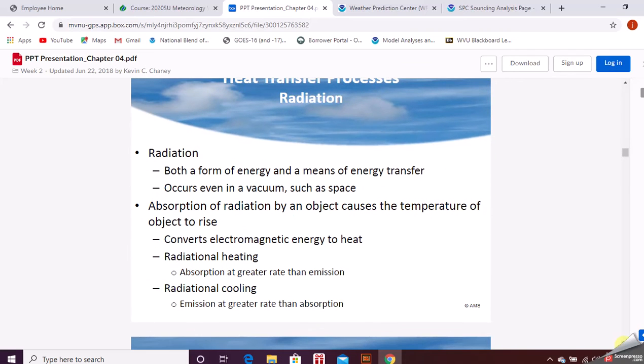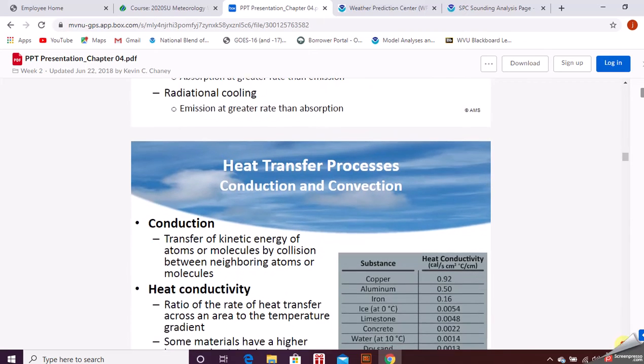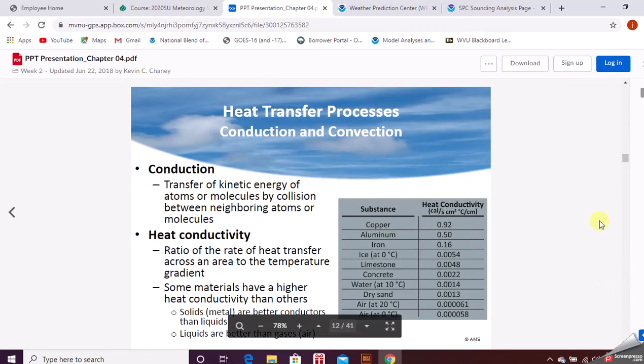Radiation, we've talked about. It's a great way for heat to move through space. Microwave oven, perfect example of radiation. The sun, obviously, is another one. Conduction, on the other hand, think about a hot road when you're driving along.